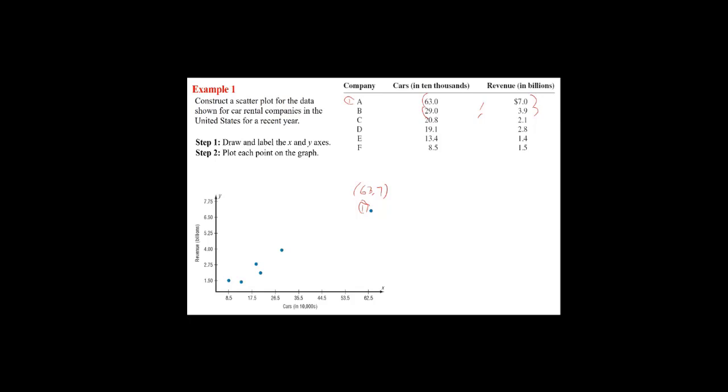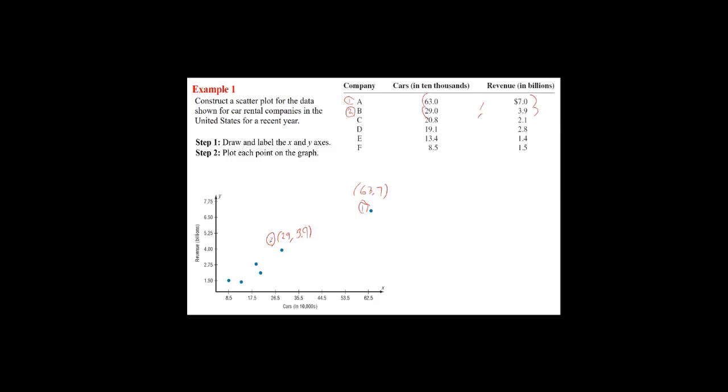Okay, so I hope it is clear to everybody. Just as an example, if this is pair number 2, okay, this is pair number 2. Okay, 29, 3.9. We can easily see the pair, and we have an idea how we come up with the rest.